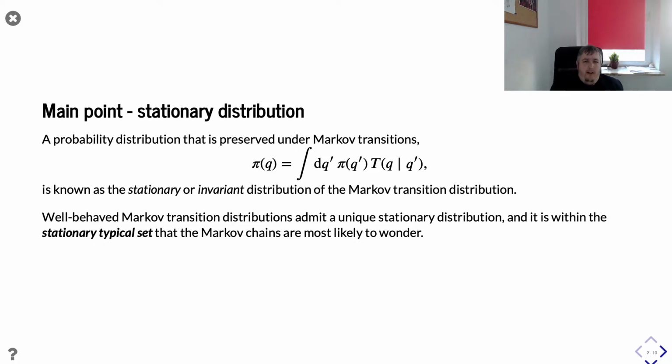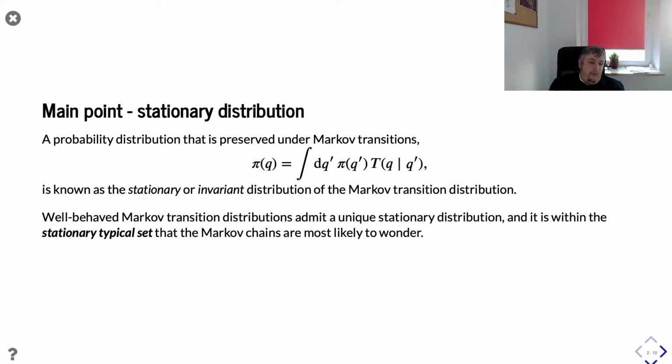This is a distribution defined such that the integral of that distribution times the transition probability, over Q prime, will give us the probability of interest of Q. That really means that the Markov chain will wander around the typical set connected to our unique stationary distribution.